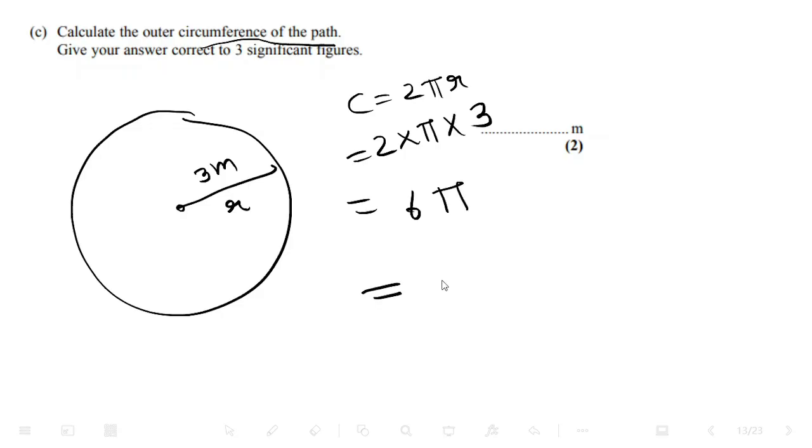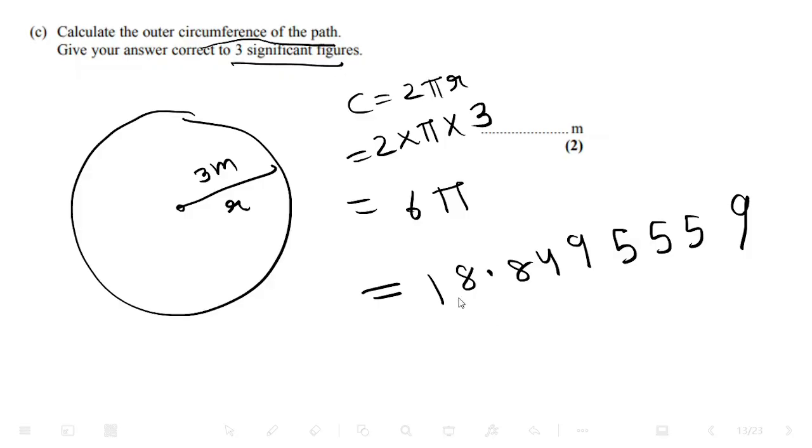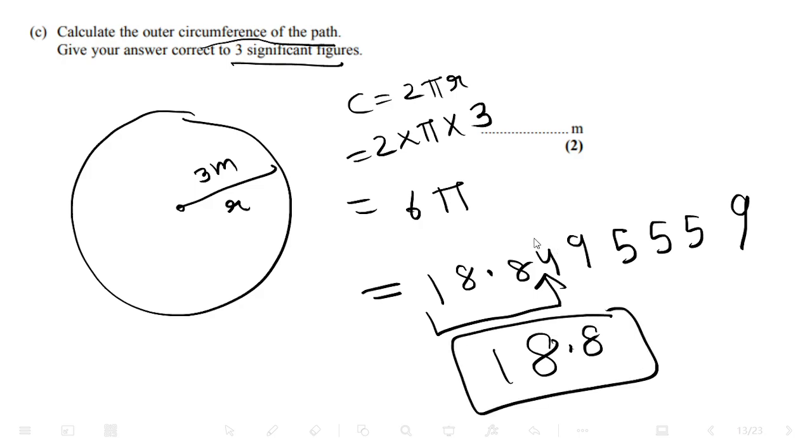After putting in the value, our answer is 18.8495559... They are looking for three significant figures, so we look at 18.8, and the next digit is 4, so there is no need to add 1. So this is the only answer. I hope you got this one, right?